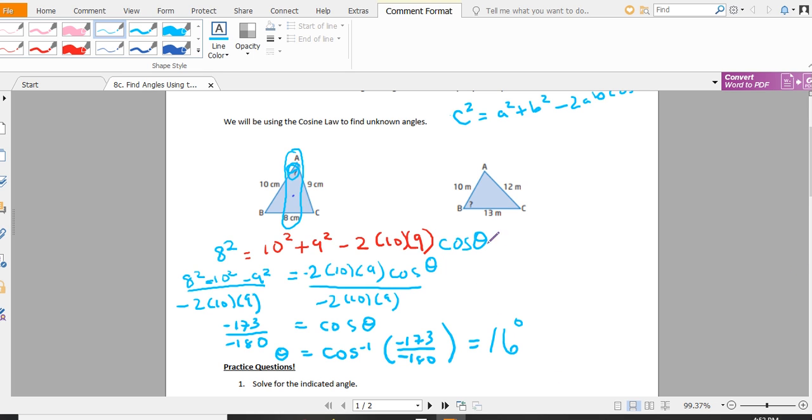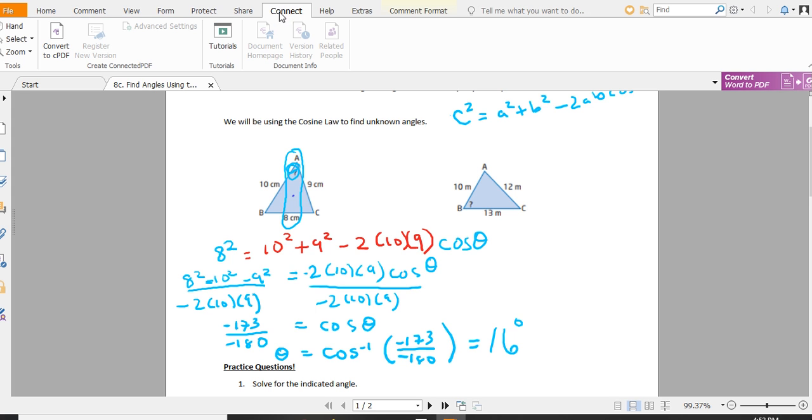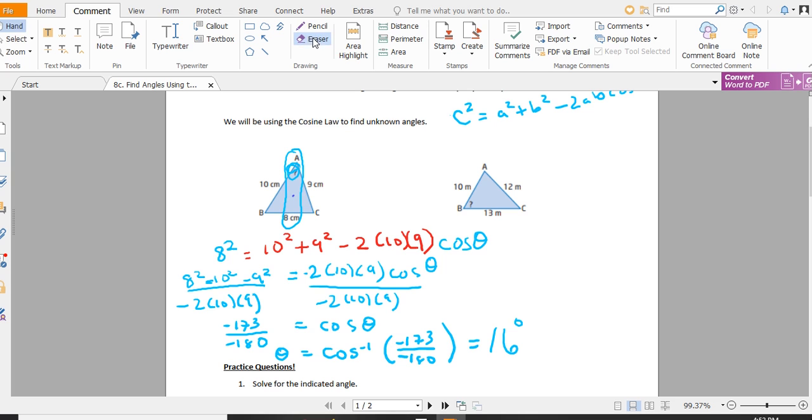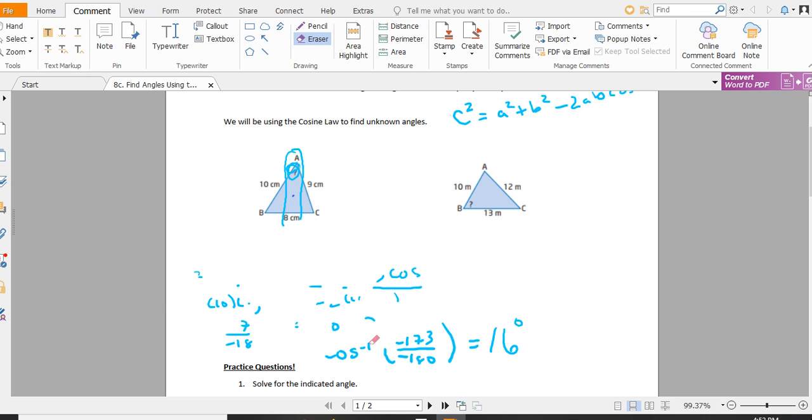Okay? So I'll do another example over here. I might just have to erase all this because I took up more space than I should have. Okay? So it's the same thing. You're just using the cosine law by rearranging for what cos theta is. Okay? I wonder if I can make the eraser a little bigger.